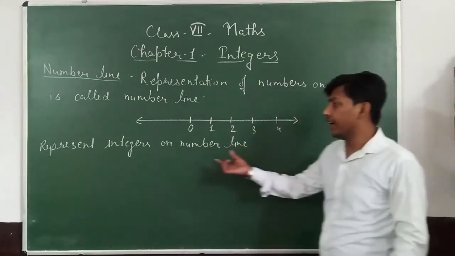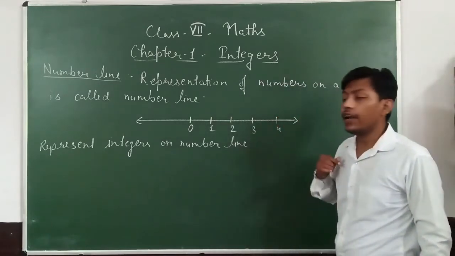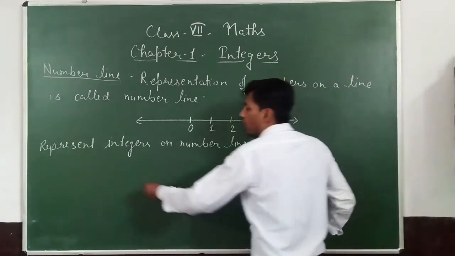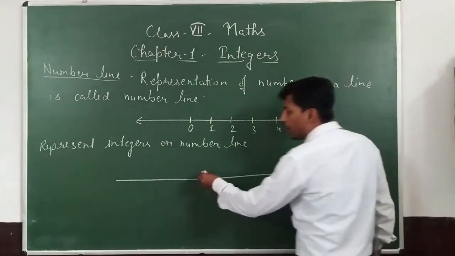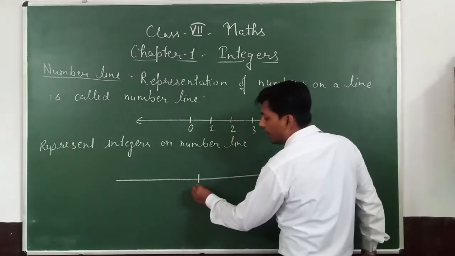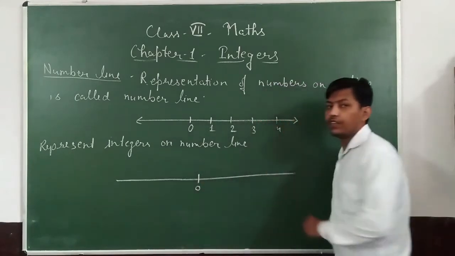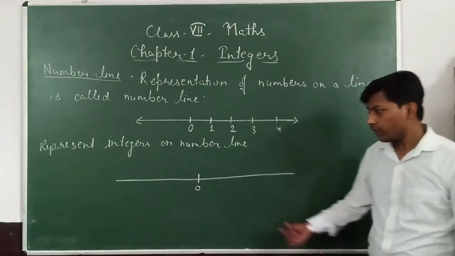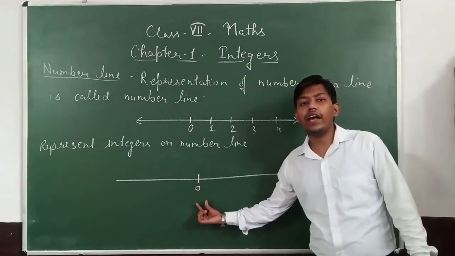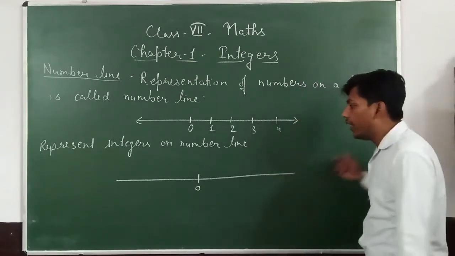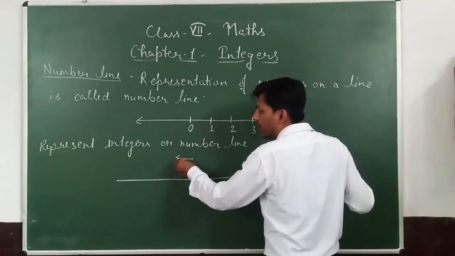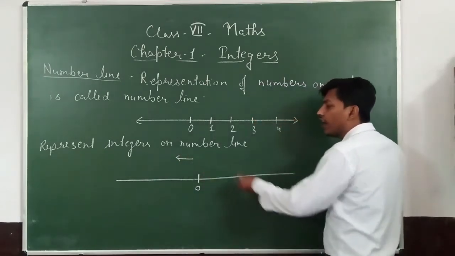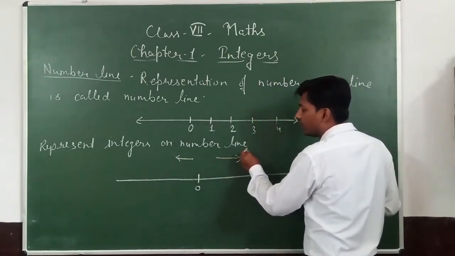How can we represent integers on a number line? First draw a line, take a point on the line segment and mark it as 0. Now we have the center of the line as 0 and two directions: one moving to the left side of 0 and the other moving to the right side of 0.